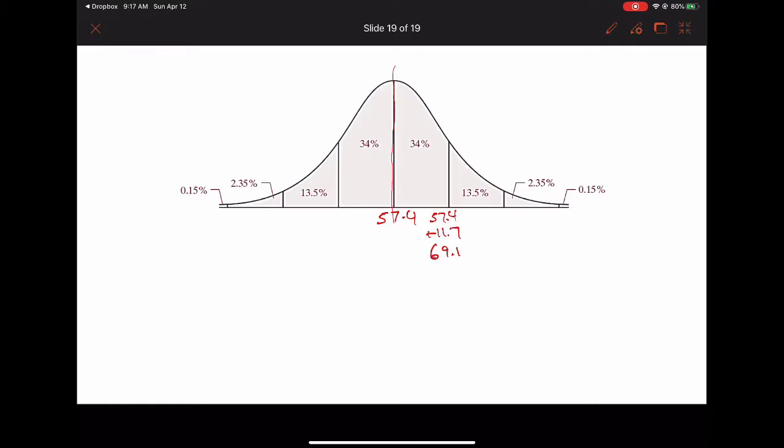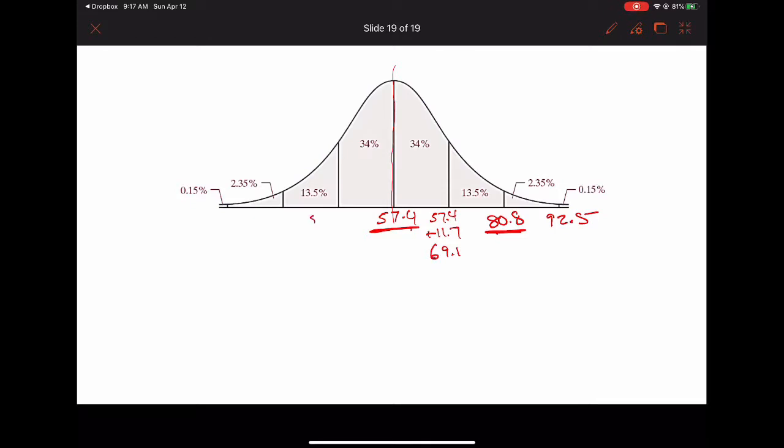I'm going to add another standard deviation to that. This line right here would be 80.8. So this is 2 standard deviations away from my mean. I'm going to add a third standard deviation to this. This is 92.5.